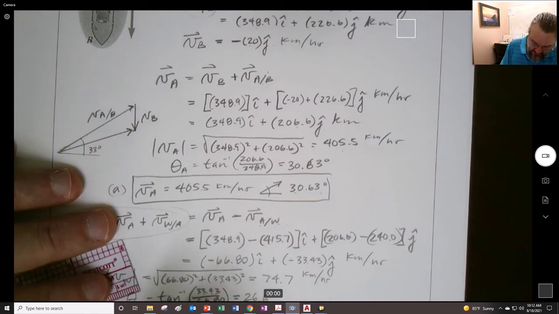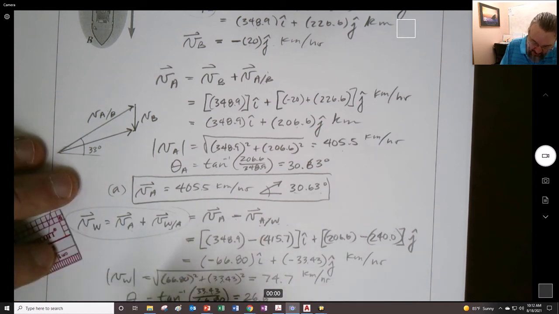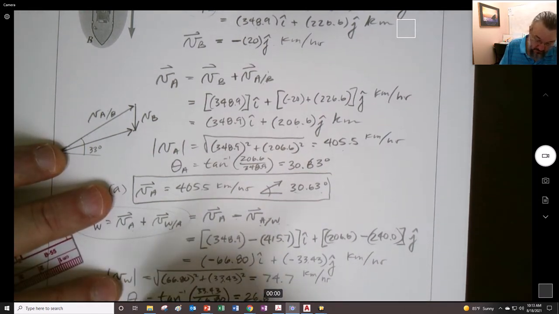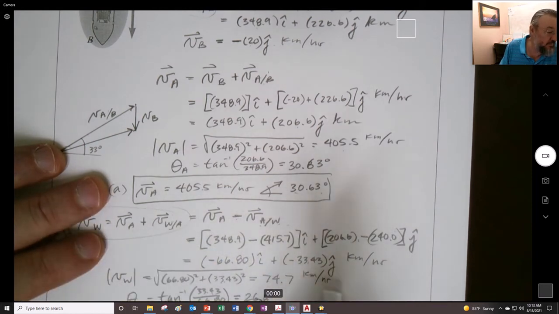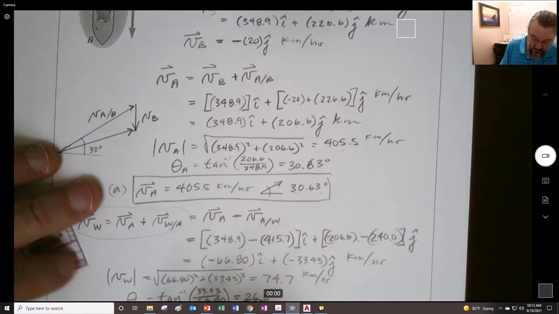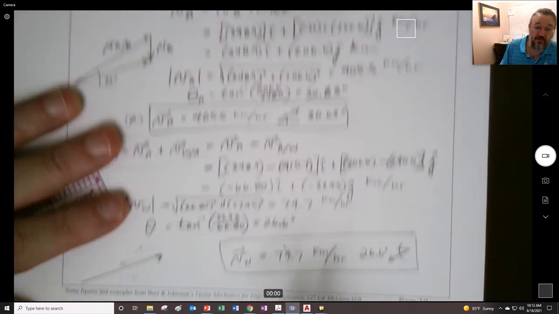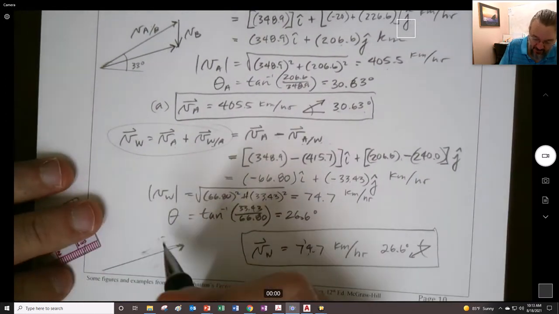So this is V airplane, and we're going to add in V of the wind. Oh, I did that wrong. Let me see. I'm trying to think my way through as I'm writing on this. I'm sorry. Oh, wait, that went off the edge of the thing. Oops.